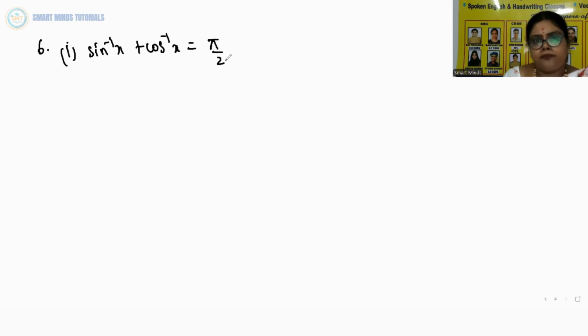Next, number 6. Now I am going to start the identities. Sine inverse x plus cos inverse x equals pi by 2 if x belongs to closed interval minus 1 comma 1.